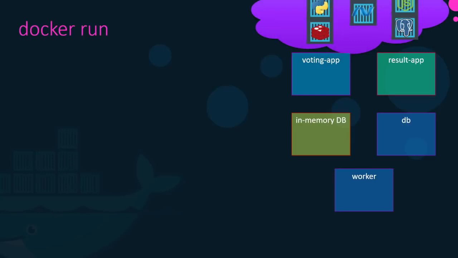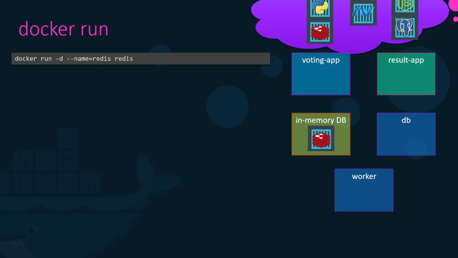Let us start with the data layer. First, we run the docker run command to start an instance of Redis by running the docker run redis command. We will add the -d parameter to run this container in the background, and we will also name the container redis. Now, naming the containers is important. Why is that important? Hold that thought, we will come to that in a bit.